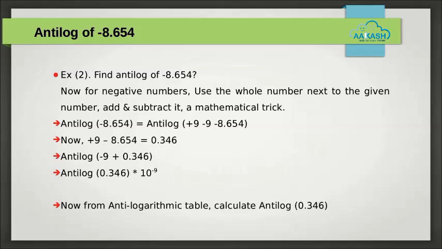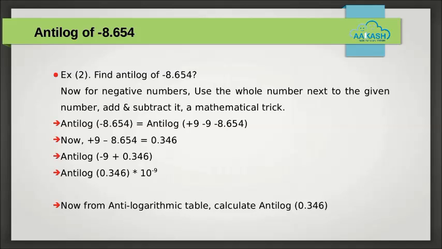Therefore antilog of minus 8.654 equals antilog of plus 9 minus 8.654, which results to 0.346, and antilog of 0.346 multiplied by 10 raised to the power 9.